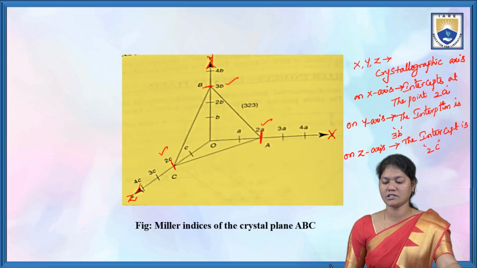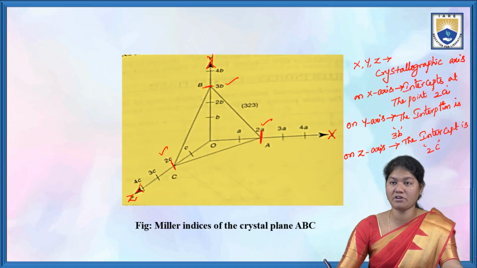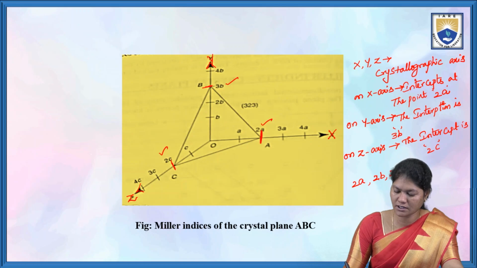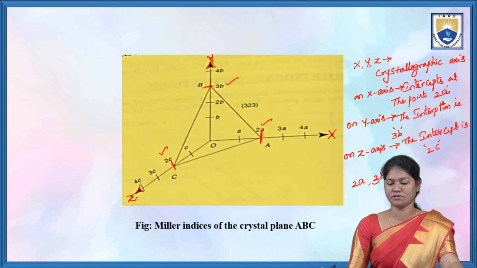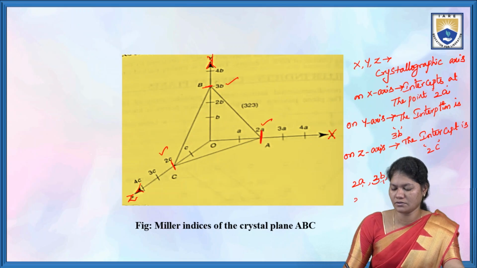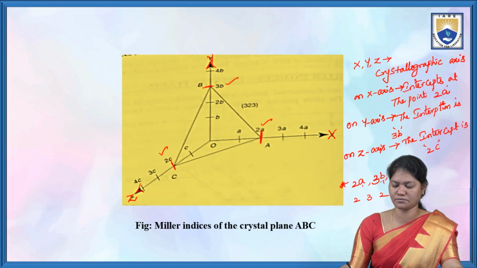So these are the intercepts on X, Y, Z written in terms of lattice parameters: 2A, 3B and 2C. So take the multiples of A, B, C: 2, 3, 2.